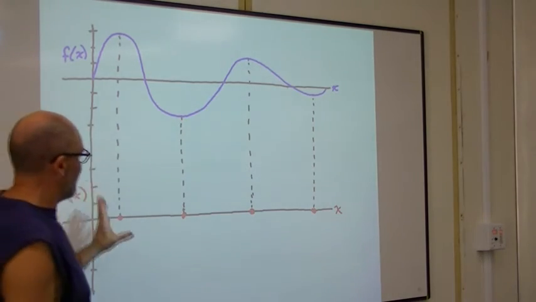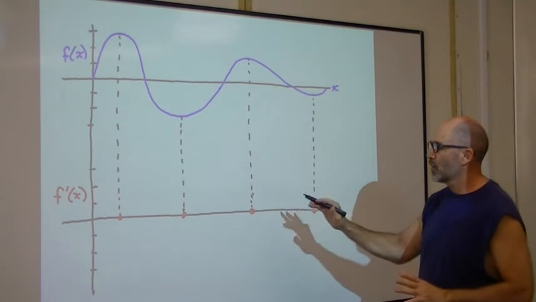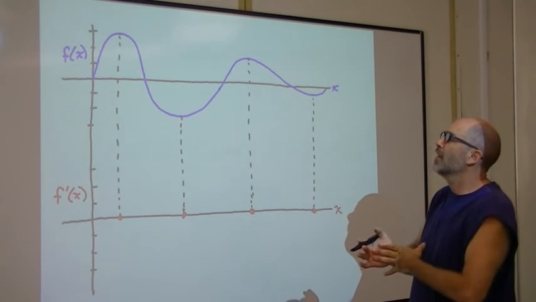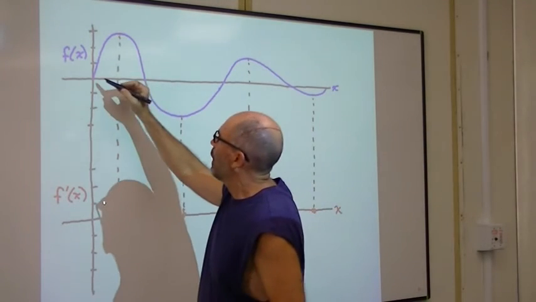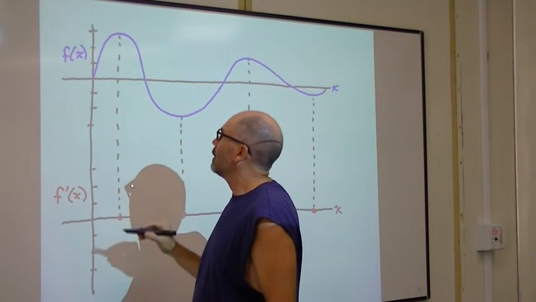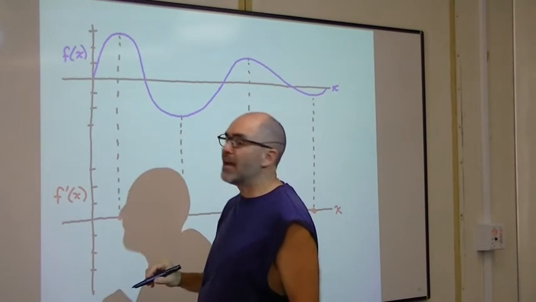So those are always the first points you want to put on your derivative graph, the easy ones. Now, the next points, we'll do the beginning point. Where should this go right here? Well, remember, f prime is the slope of f.